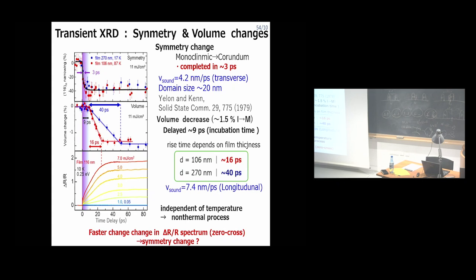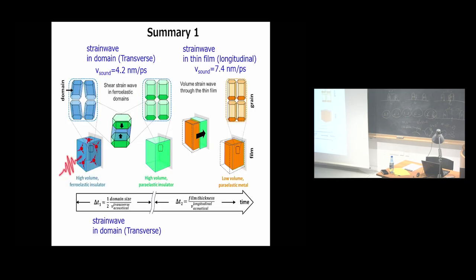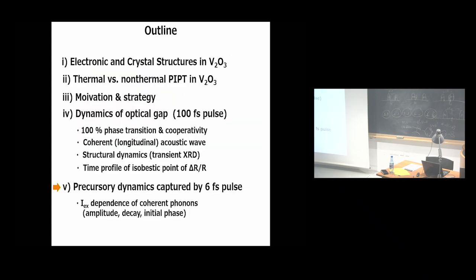And this is the summary of the results obtained by the 100 femtosecond pulse. First, symmetry breaking by the coherent transverse wave in the nanoscale domain occurs in a few picoseconds, and then the longitudinal acoustic wave can drive the volume change in 30 picoseconds. Okay, so that was a long introduction.